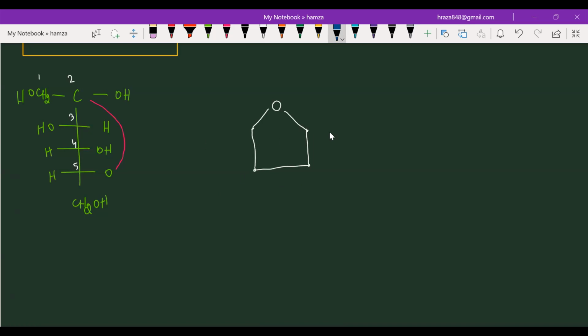So basically on the left hand side, wait a minute, the structure will not be that good. It should be like this.